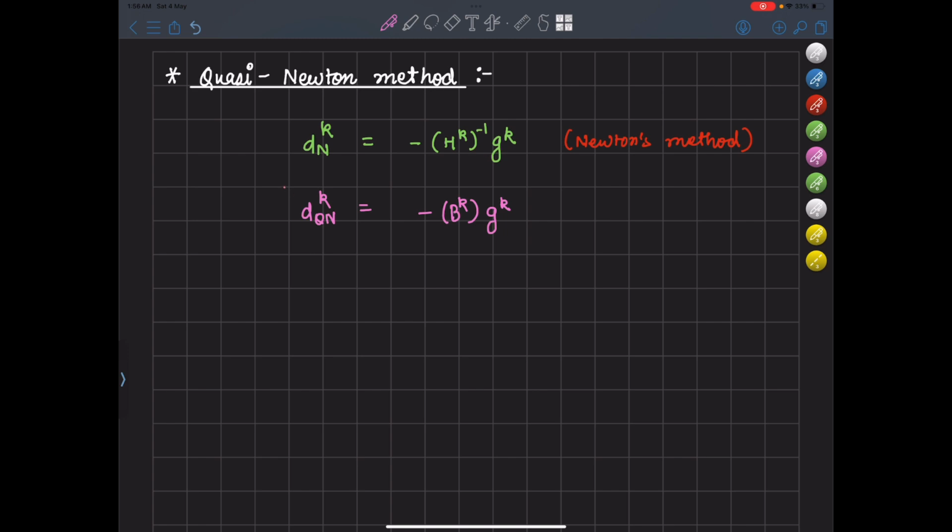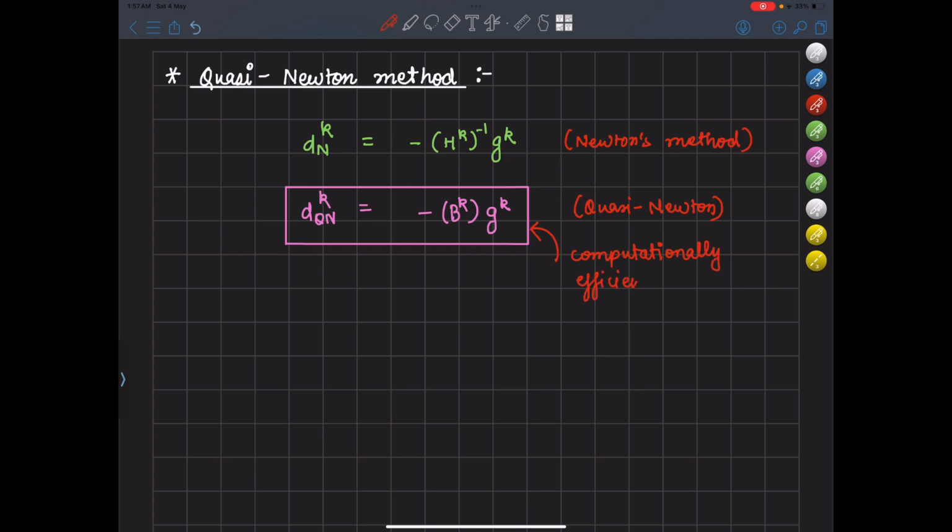And it turns out this Quasi-Newton algorithm is more computationally efficient. So what is this bk matrix and how is it calculated?